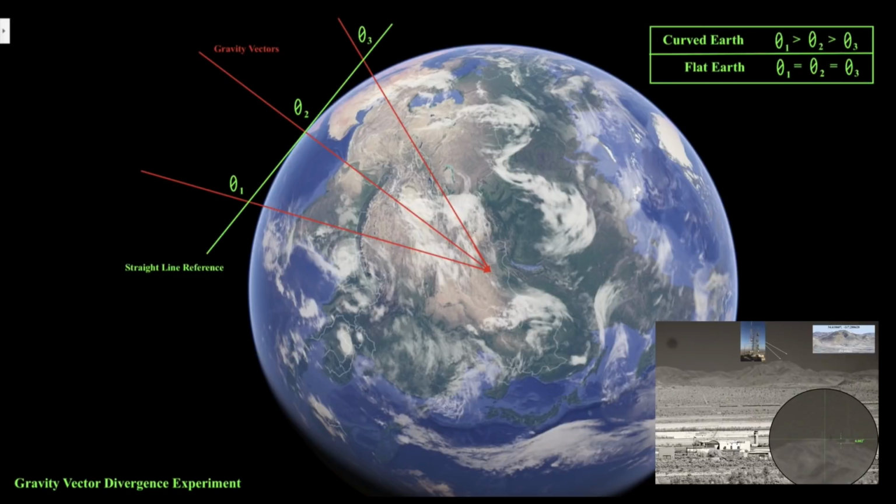In a previous experiment, I've used a telescope with an infrared camera and an inclinometer to try to measure the divergence of the gravitational vector, and I concluded there was no divergence. Now, it's important to pick a target far away to minimize geometric variations, as you'll see later. But because I'm using the theodolite and I'm sighting in the visible spectrum, I had to choose a target close by.